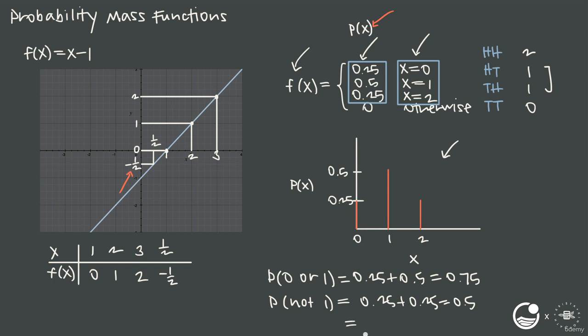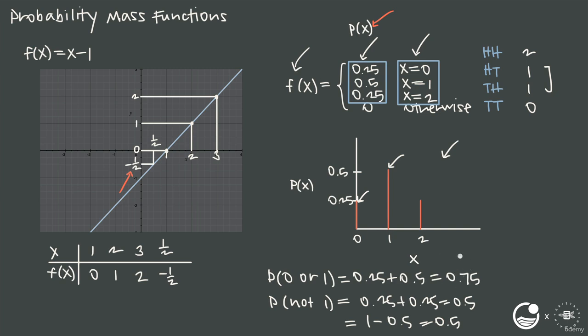Or the probability of not 1, we could calculate as 1 minus the probability of x equal to 1, or 0.5, and we get the same answer, 0.5. And of course, we could answer these kinds of questions from this representation of f of x, but also from the graphical representation of f of x. For instance, this probability of 0 or 1 question, we would just identify here the probability as 0.25, and here the probability as 0.5. We would add those together to get 0.75.